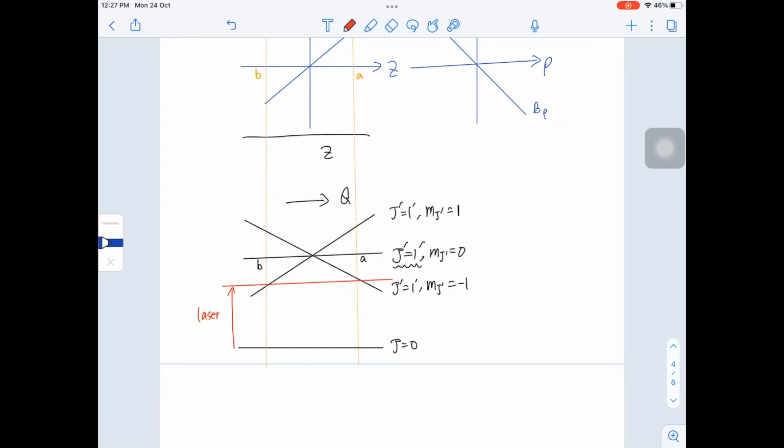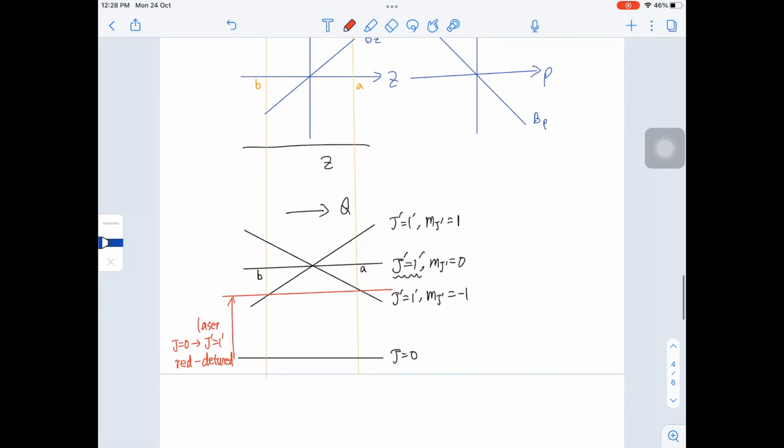The laser is from J equal to 0 to J prime equal to 1, red detuned. Now we can see, for example, if the atoms have the velocity in this way, we want to accelerate the atoms in that direction, right?